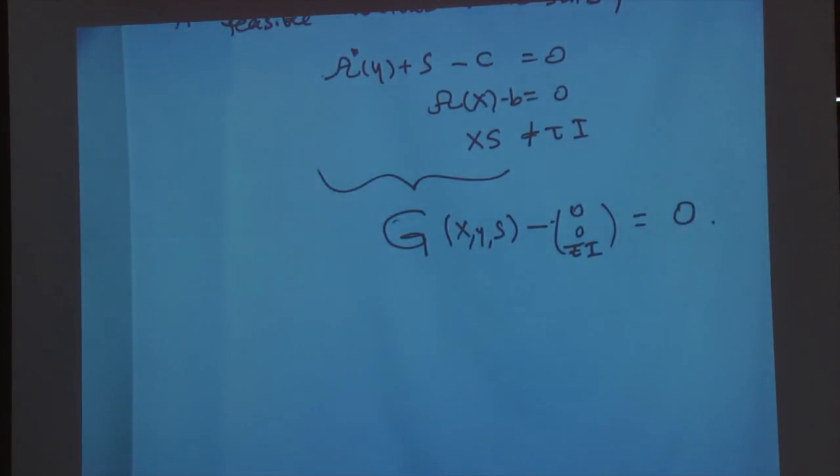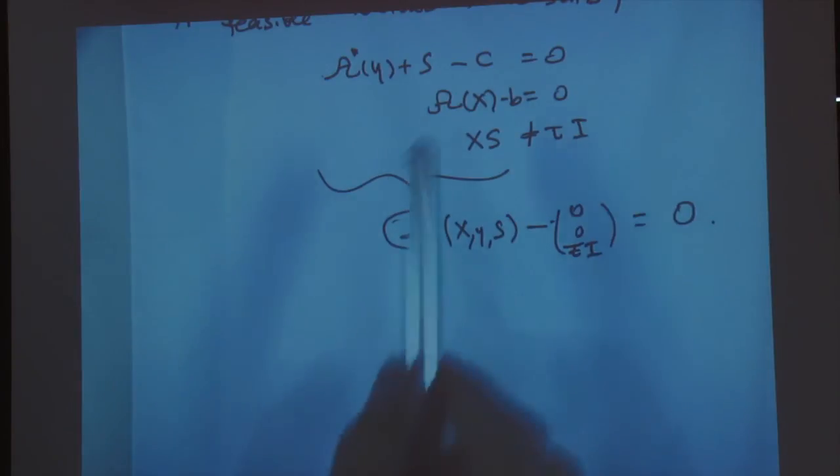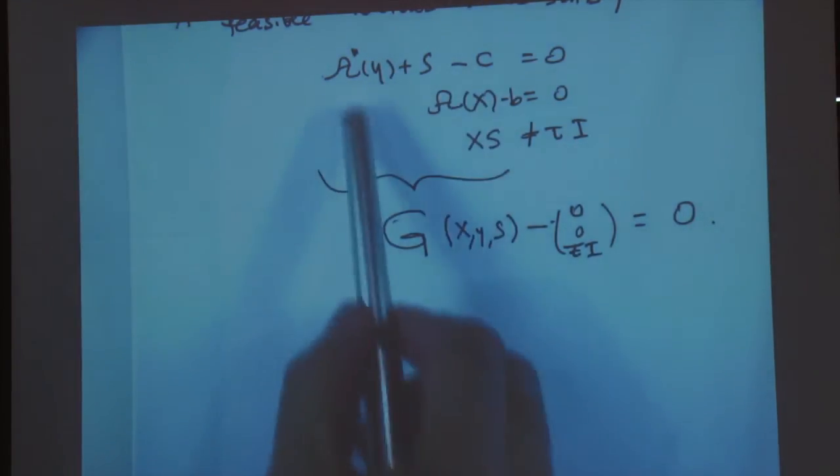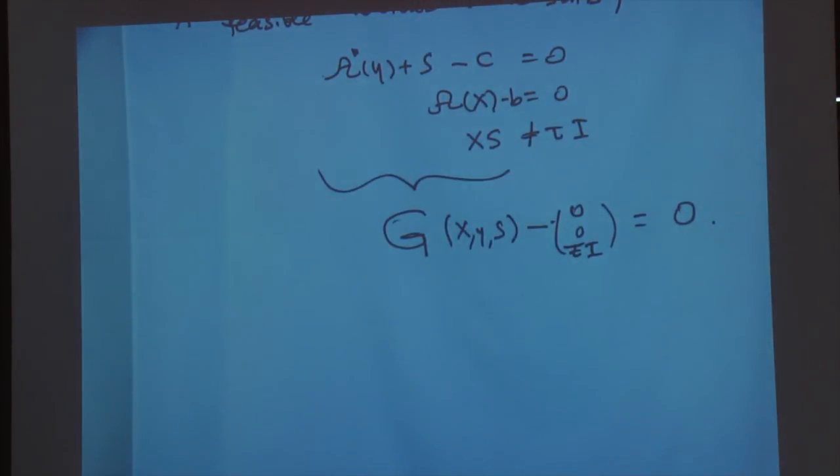The most natural thing would be to linearize this, look at the derivative, the Jacobian of that system of nonlinear equations. The Jacobian of the first two is completely straightforward because they're already linear. A transpose, I, A, 0, 0.